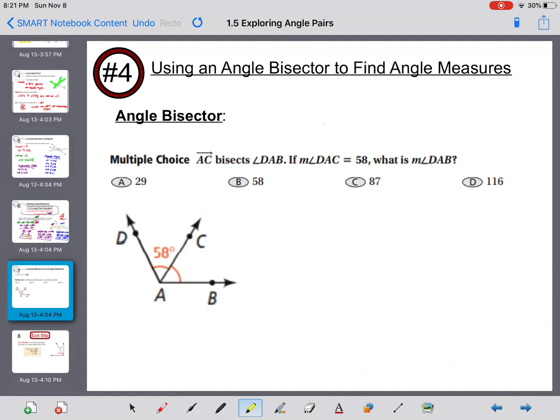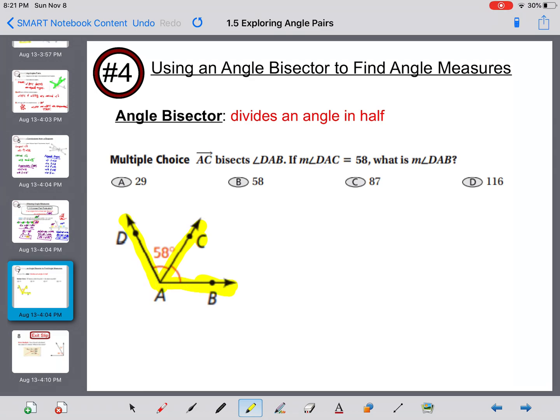Your last definition for today is an angle bisector. It divides an angle in half. So if you take a look at this example, it says ray AC bisects DAB.